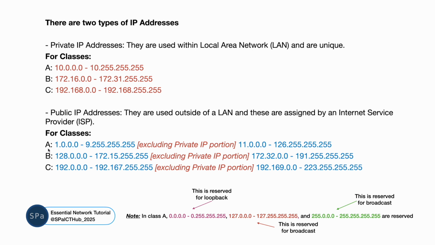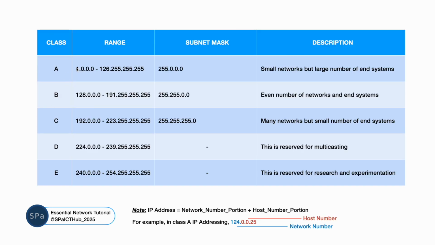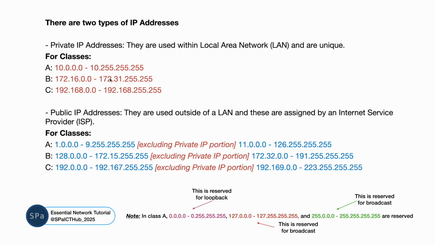From the classes, class A, we have the range from 1 to 126. If you go back to the first slide, can you see? The private range is a sub-value within this range, which is excluded in the public IP addresses.